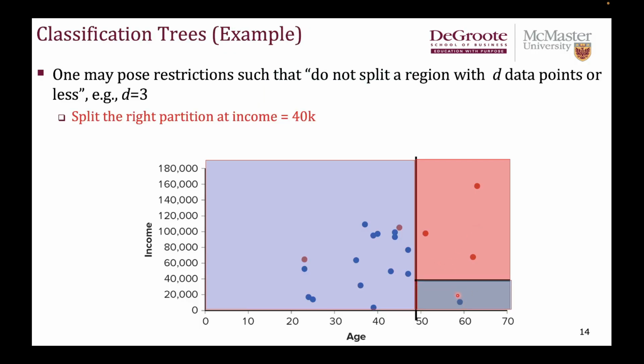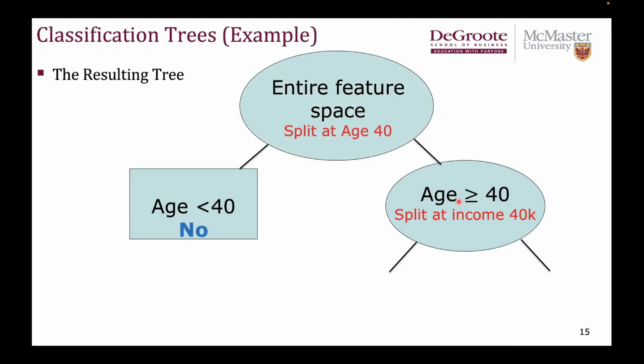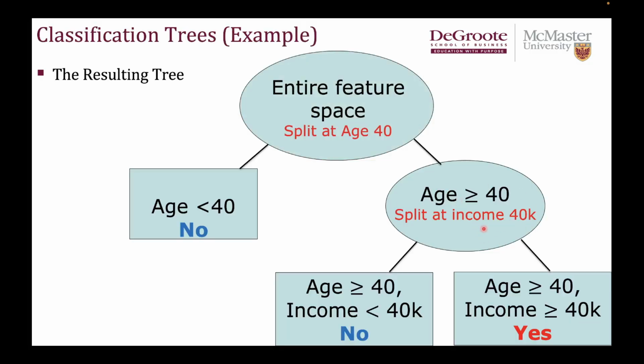The income below that threshold of 40,000 is blue, so it's no. And income above the threshold, we're going to predict yes, right? So after further splitting on income level, in the left region where income is lower, the prediction is no. In the right region, income is higher, and we'll predict yes in terms of whether or not the customer is going to purchase the product. Right?